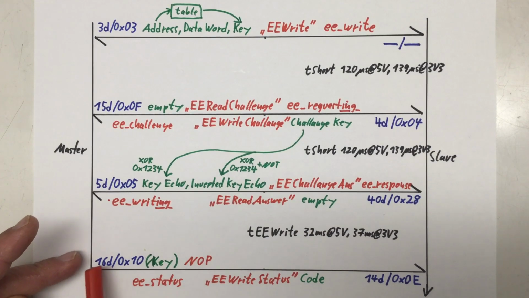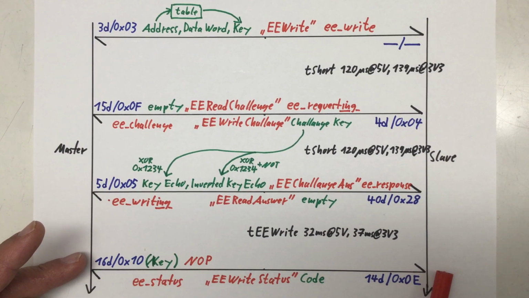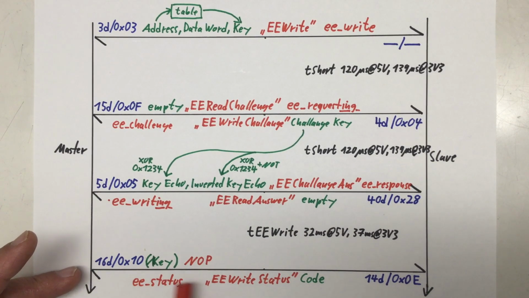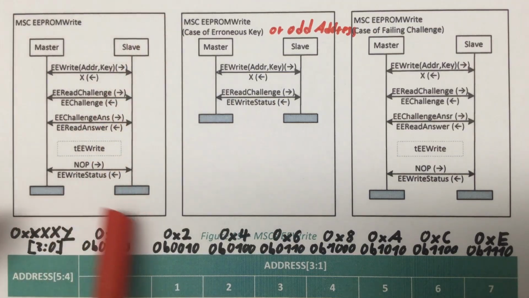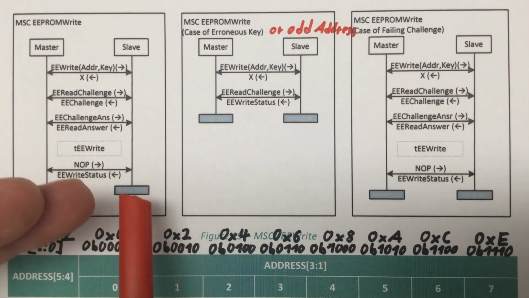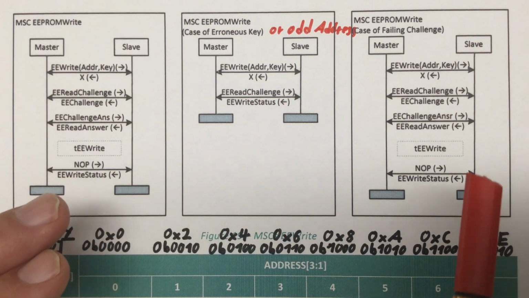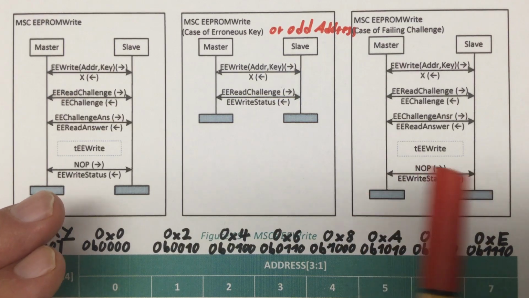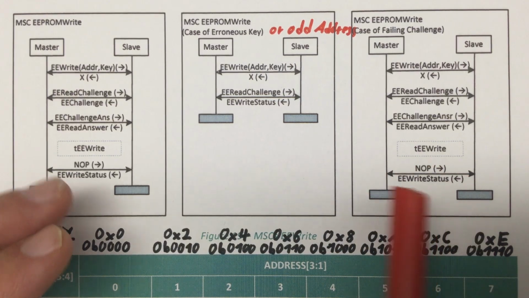And finally, we send over a NOP message to the slave and we get back our EEStatus message. That was the normal flow of messages, where we get back the EEStatus message from the slave at the end, a success. However, we can also get at the end some error codes, of course.